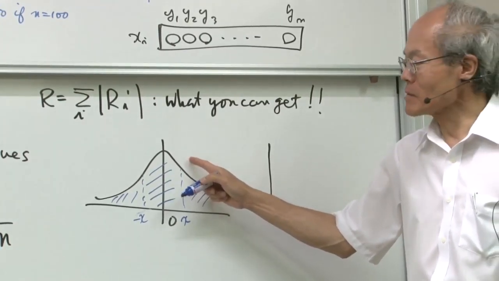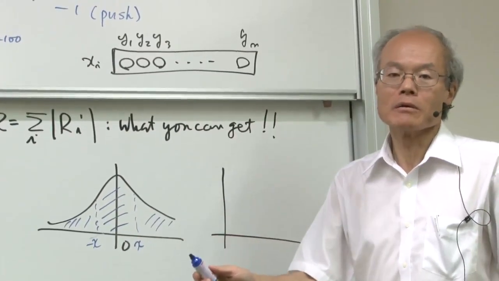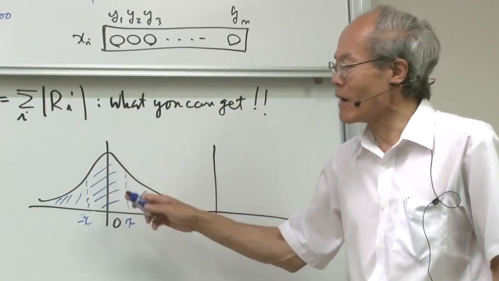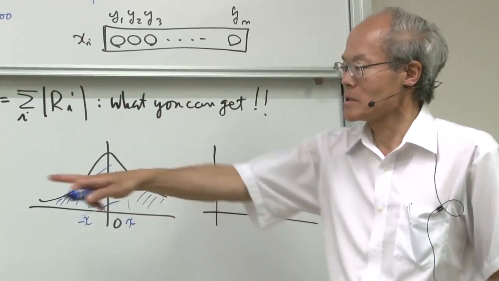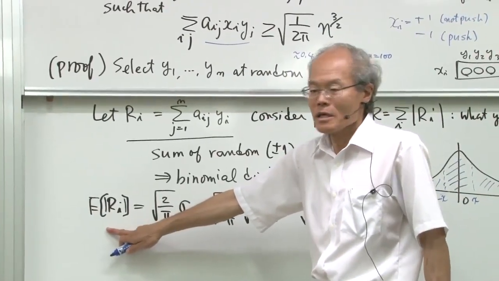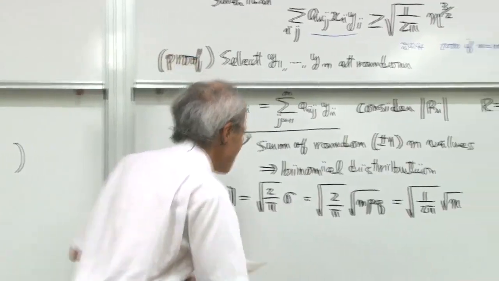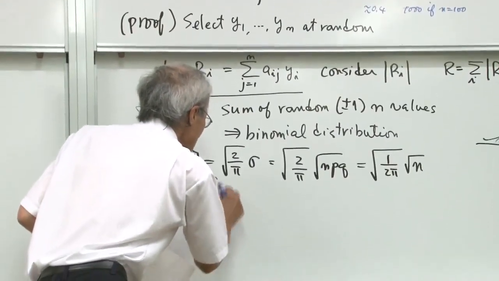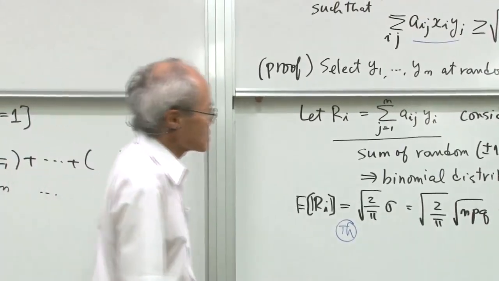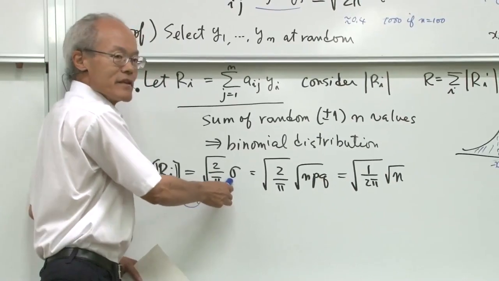Of course the average is 0, but almost always it's not 0. In many cases you have a deviation. This is the average deviation x. There is a theorem, which I omit, that this deviation is almost the same as the standard deviation.